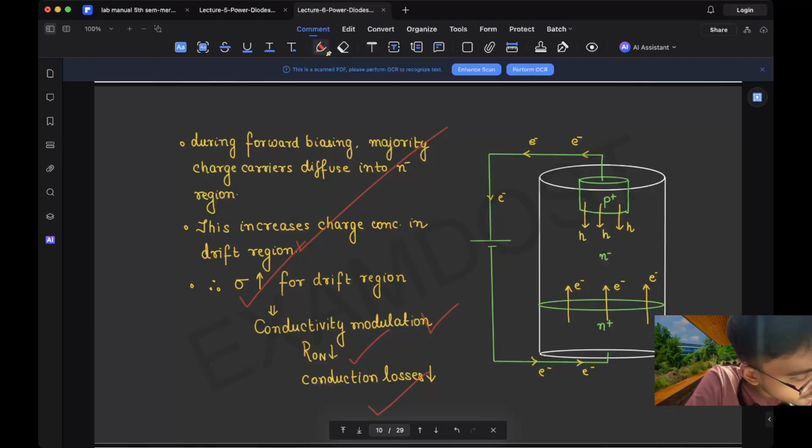Conduction loss will be very low, and this phenomena is called conductivity modulation.